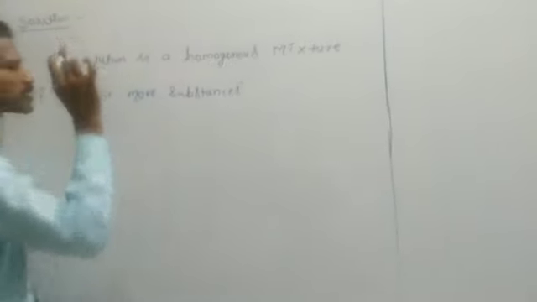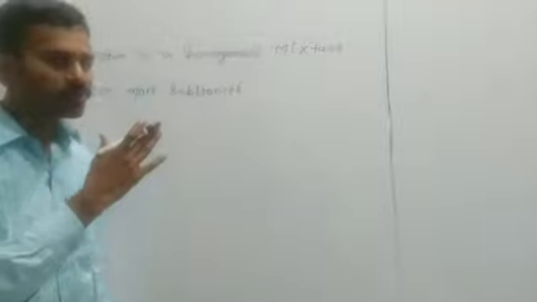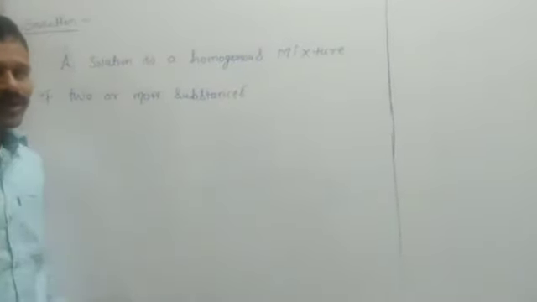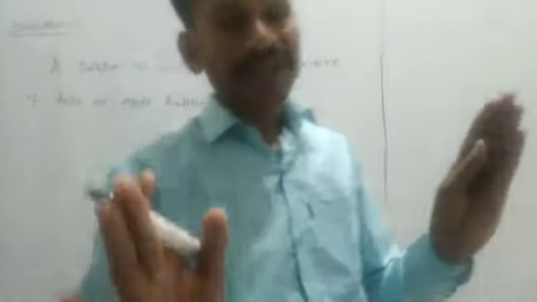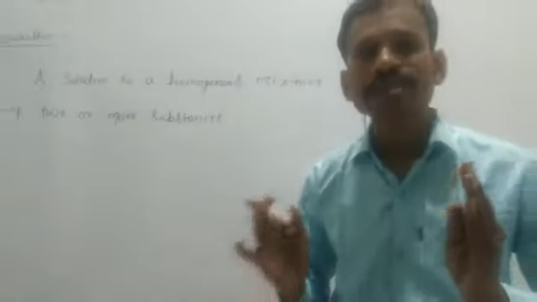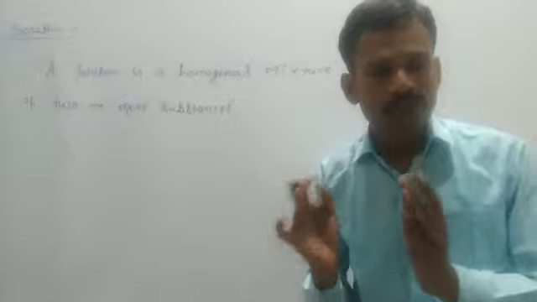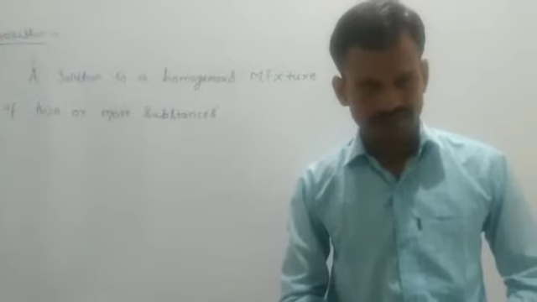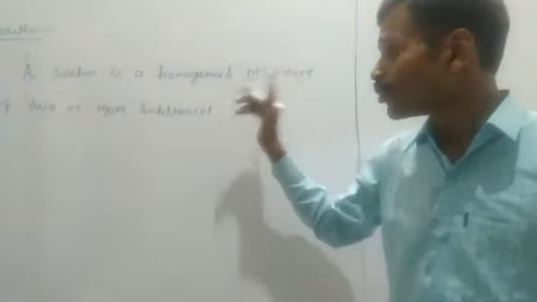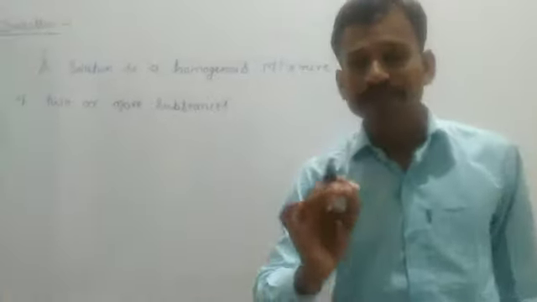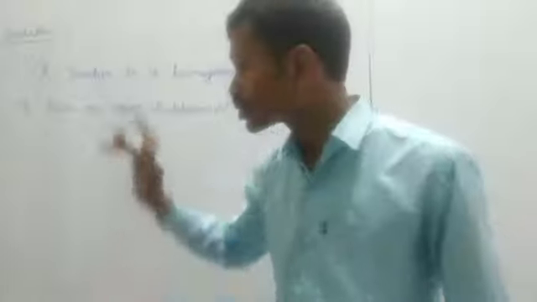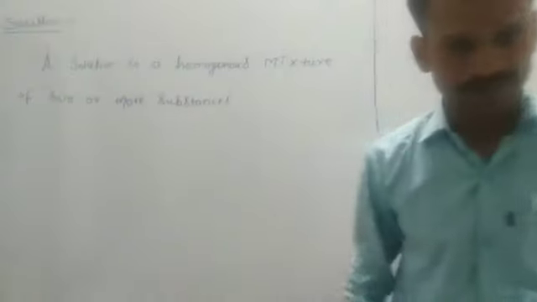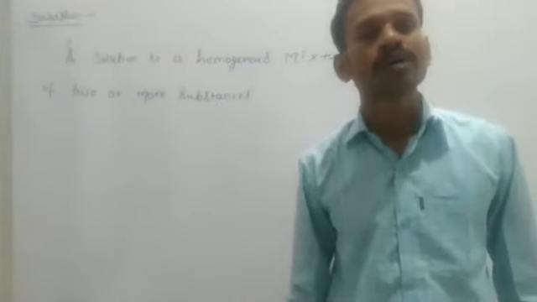Actually, what is meant by solution? Here we have to define it. Solution is actually which type of mixture? It is a homogeneous mixture, that is, uniform composition. So it is a homogeneous mixture of how many substances? It is the combination of two or more substances. It is called a solution. This is the definition of the solution.